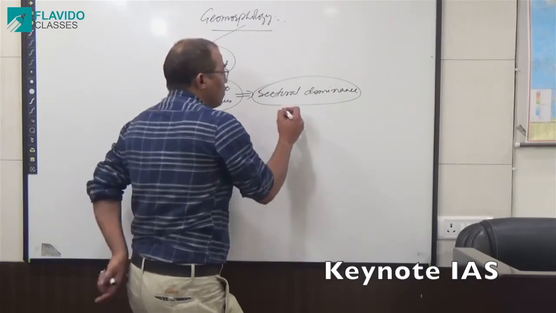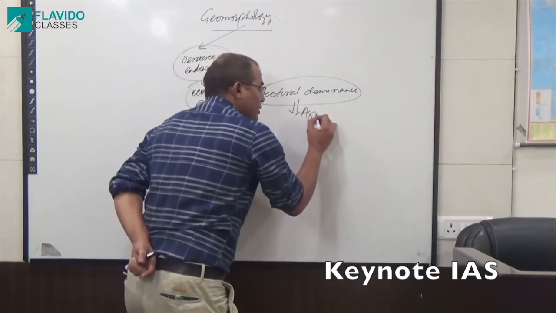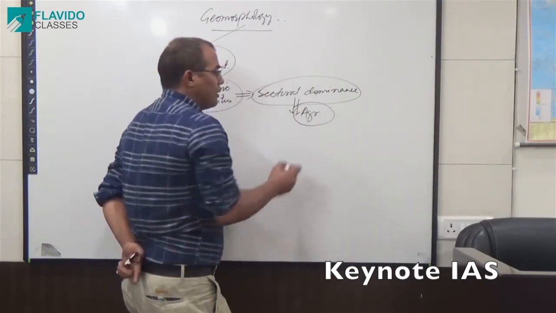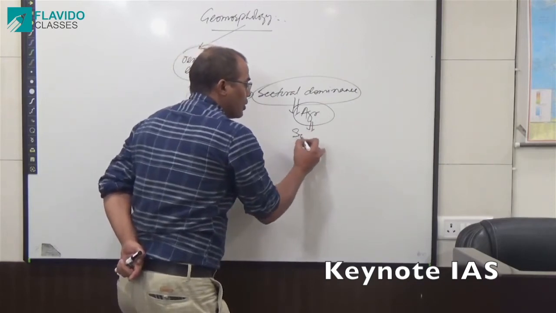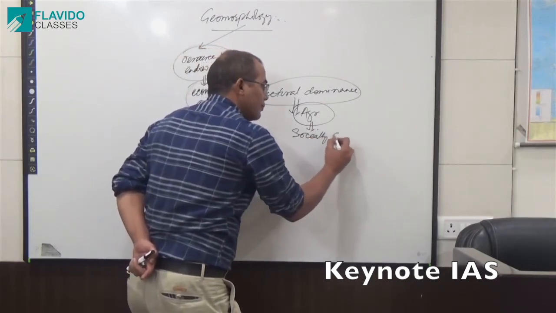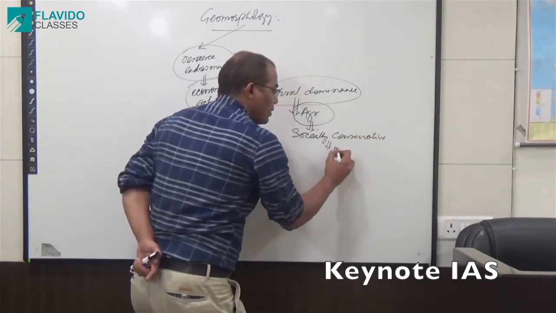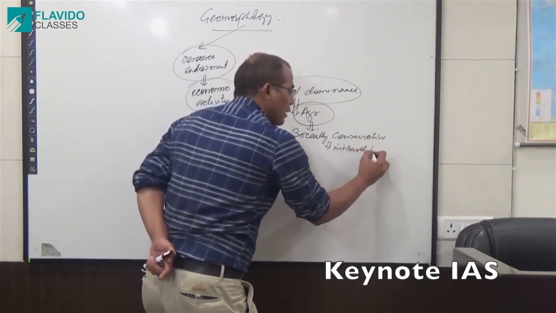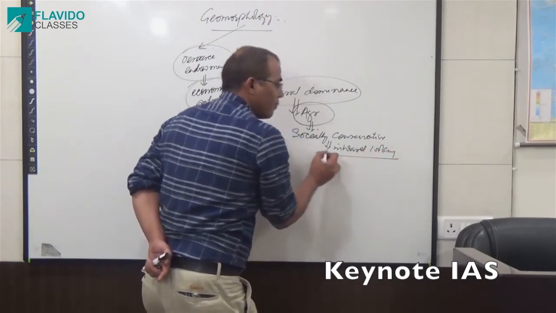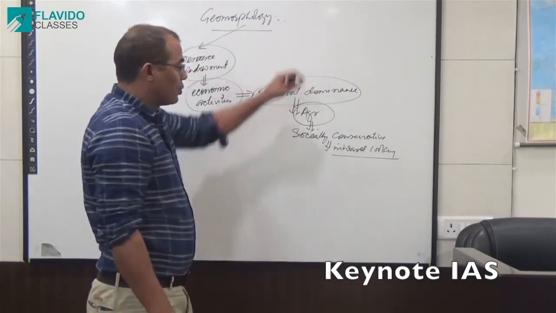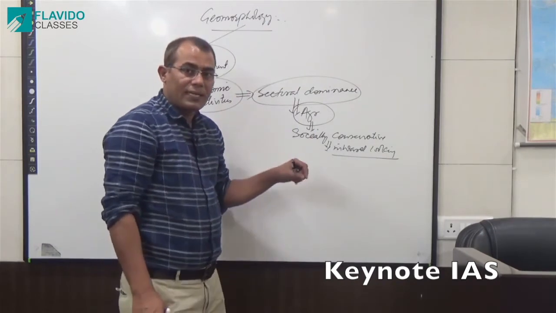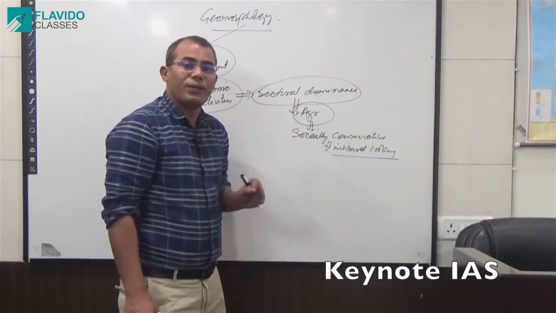So if the geography is determining agricultural dominance, then the area would be socially conservative. The area would be inward looking, people living with an inward looking style. Right. So that aspect, when you are writing about it, must be reflected in your answer.